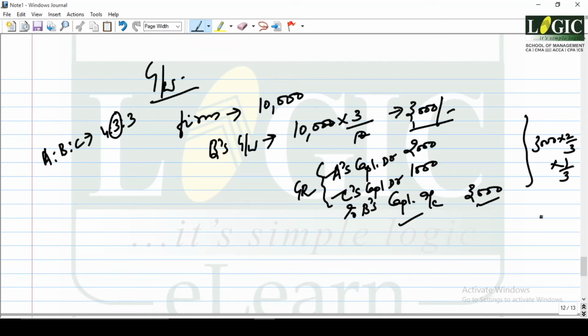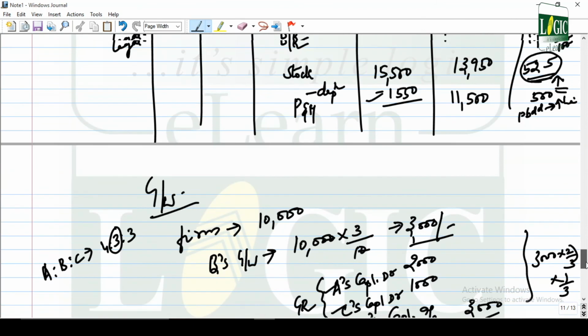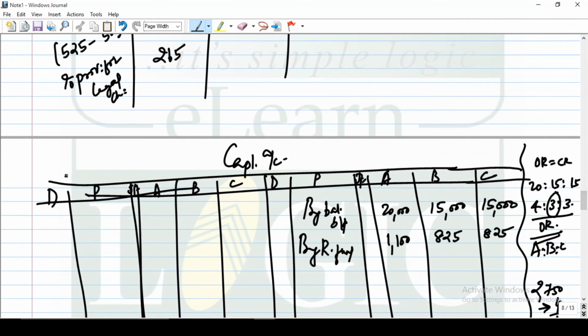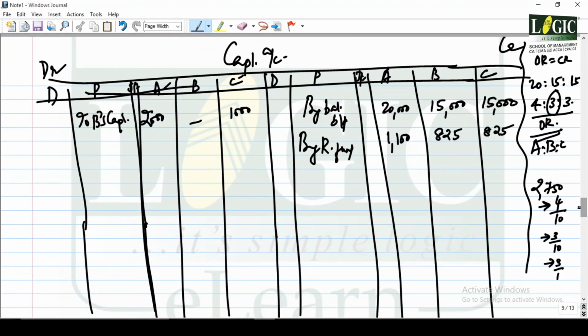Now how? This is to be done in gaining ratio. How did you compute gaining ratio? We saw 2:1 is the gaining ratio. Now how to post it? Here A debited, C debited. So I am coming to the debit side of A and C. I will be writing to B's capital 2,000 for A and 1,000 for C. Now it is credited with B. So this is the credit side of B. But in my account I cannot write my name.